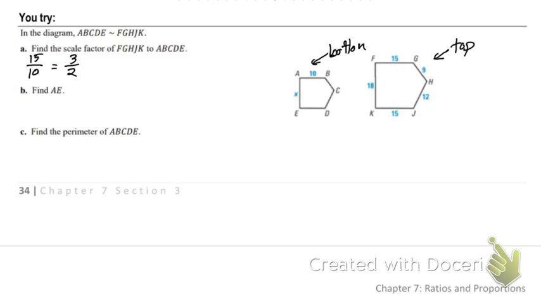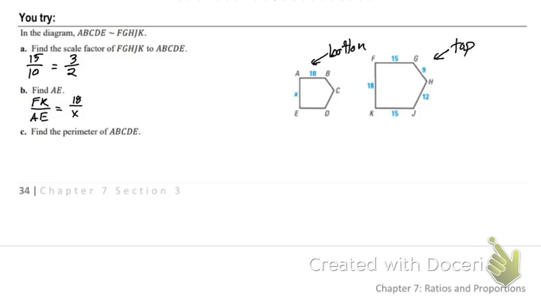Nice job. All right, it says find AE. So I'm going to locate AE. AE is on the bottom triangle, so it's going to be top over bottom. So we should have done FK over AE. FK is actually 18 units.